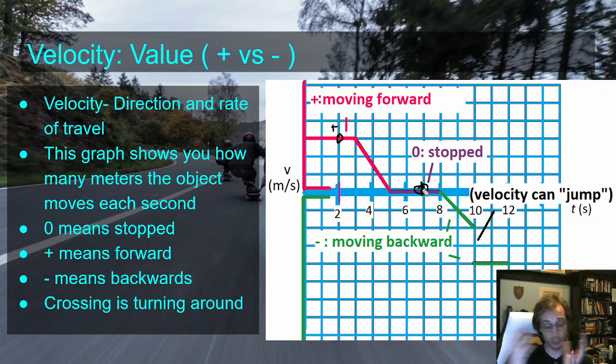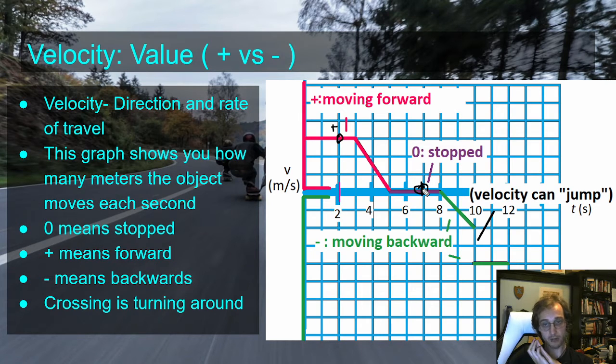For position graphs, pretty much the graph is showing you what the object is doing. For velocity graphs, the object is doing what the number of the graph is. The object is not doing what the shape of the graph is. So even though the graph is going down, the object is not moving backwards. So just be careful about that.